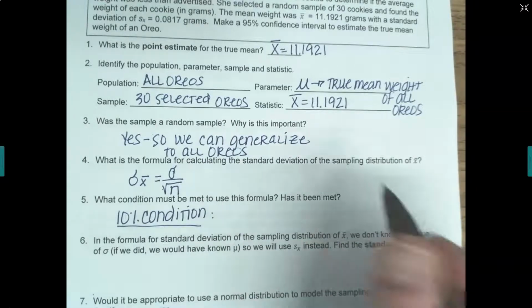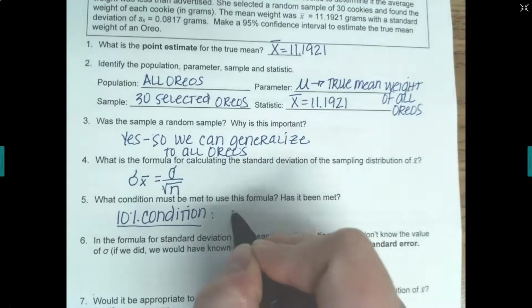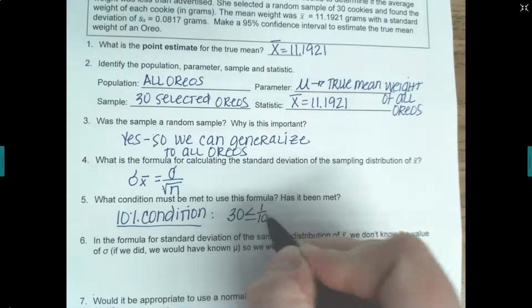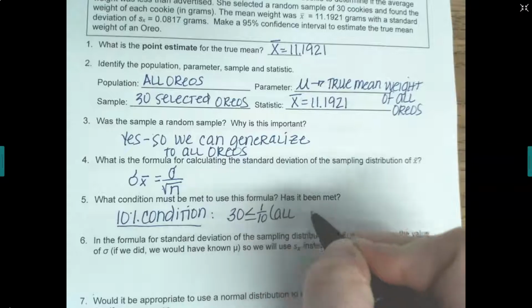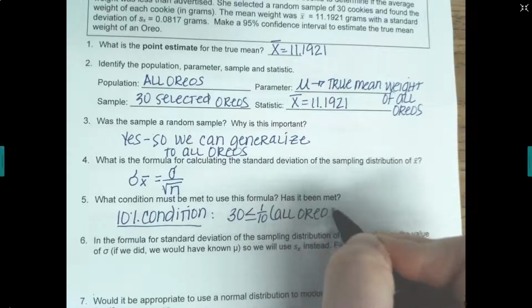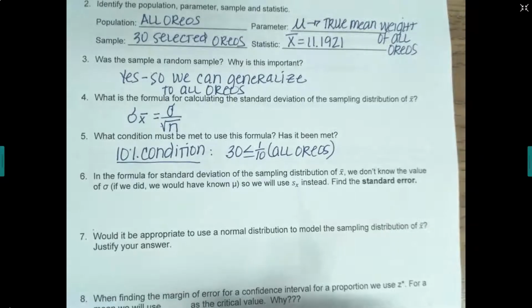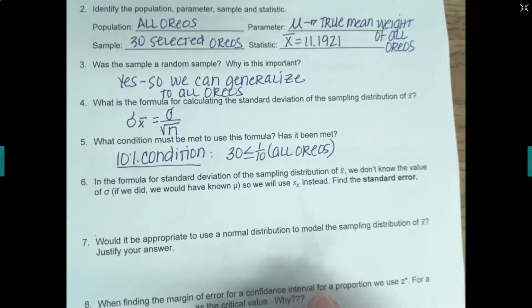The 10% condition is met because 30 is less than or equal to 1/10 the population of all Oreos. So we're okay there. Oreos really would be an infinite population because they keep making more.